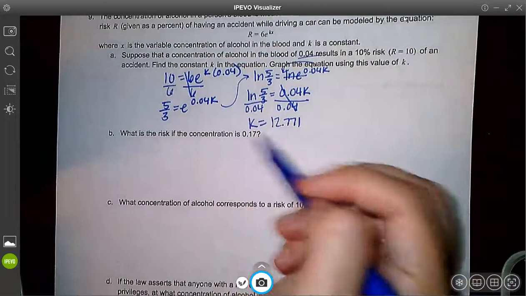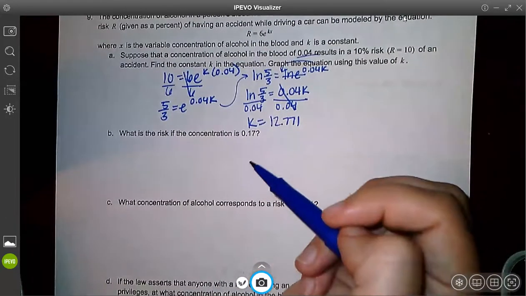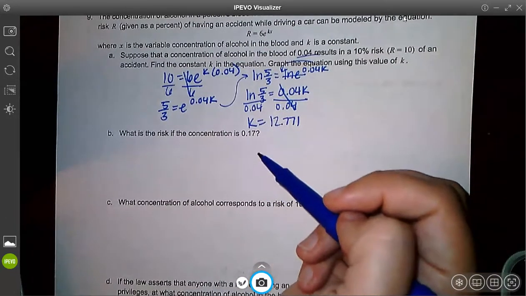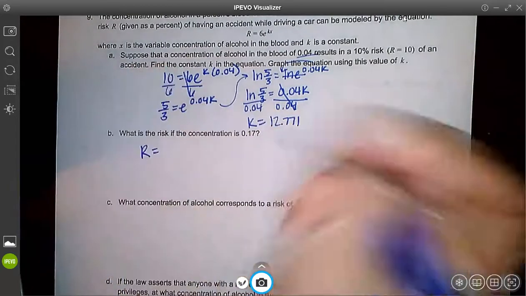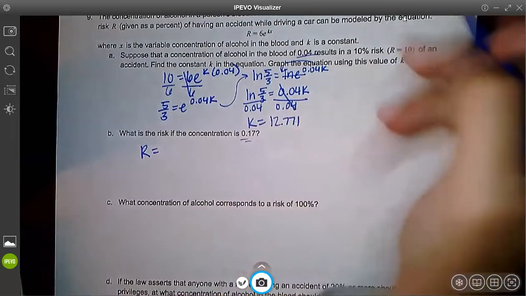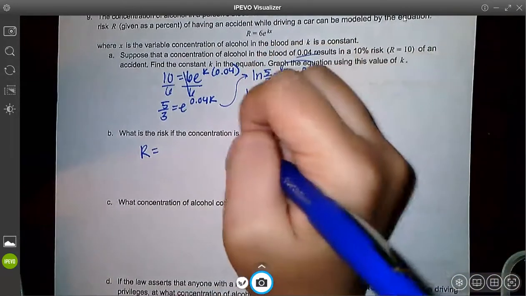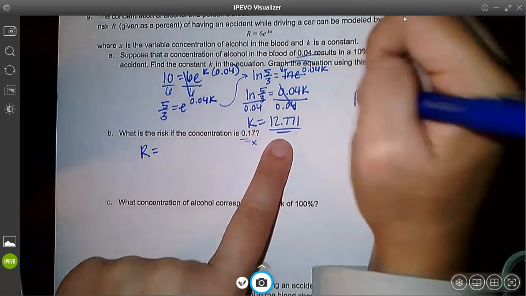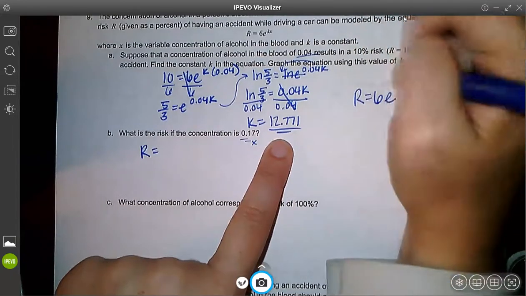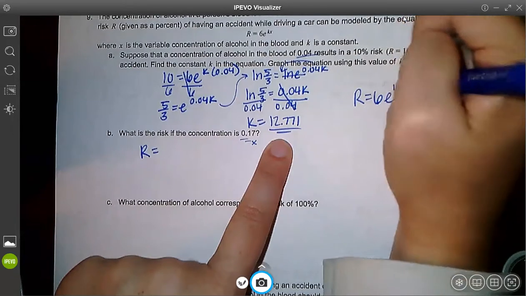What is the risk if the concentration is 0.17? Remember the concentration, that is your x value. So I'm putting that in for x. So what is my risk? Oh, I'm sorry, this is my k and this is my x value. So this gives us the equation R equals 6 times e to the 12.771x.